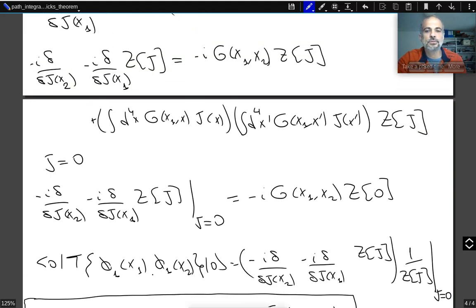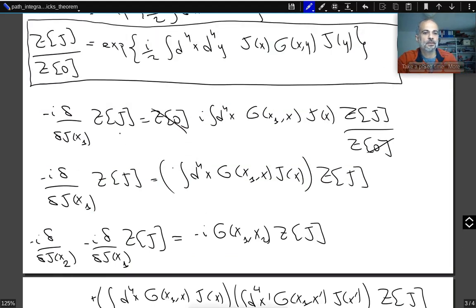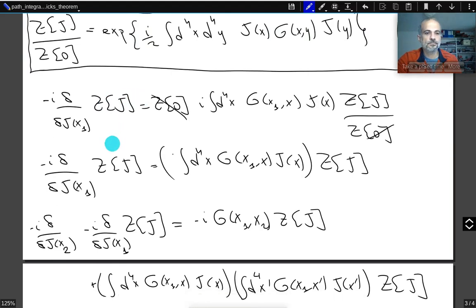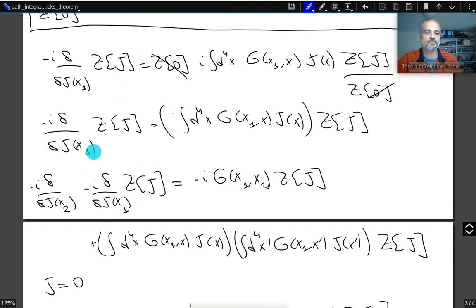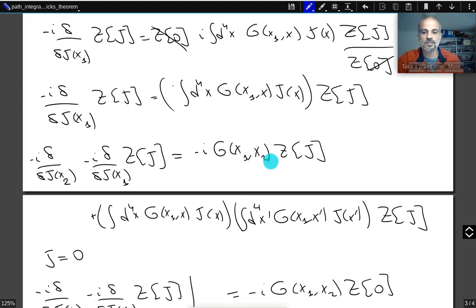Now, there are a couple of things we should pay attention to in this derivation. When we are taking the derivative of Z of J, the derivative can act on the exponent in Z. It brings such a factor in front which contains a J. The second derivative could act on this prefactor, so there is a term that doesn't disappear when J is equal to 0, but it can also act on this Z of J. Each derivative basically brings such factors which just go to 0 when J is equal to 0.